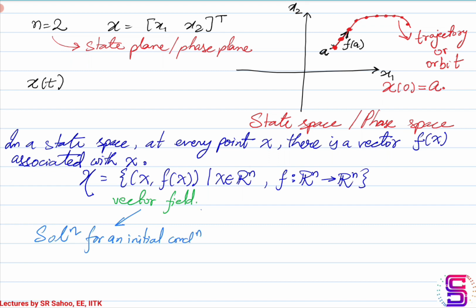It will also tell you whether there are equilibrium points or not for the system under consideration. Note that all systems may not have equilibrium points. For example, consider the scalar system where x dot is equal to 1. It will not have any equilibrium points.